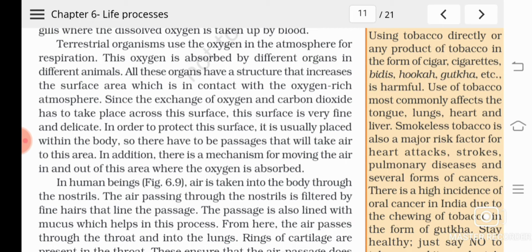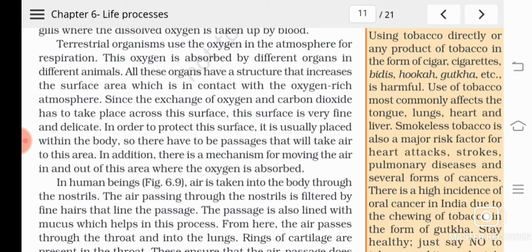They are usually placed within the body, and there will be some passages that go to this area, and there will be some mechanism for moving the air in and out of this area. They will be highly supplied with blood capillaries.